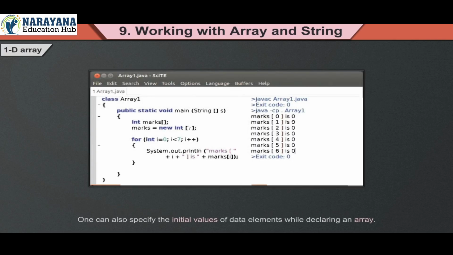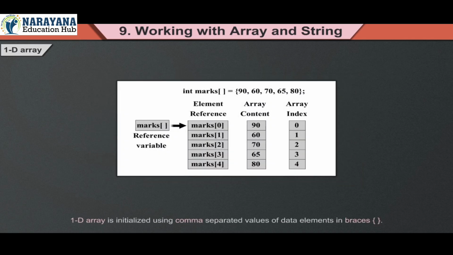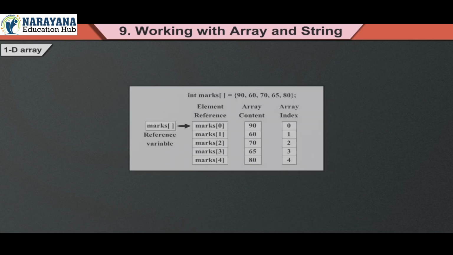One can also specify the initial values of data elements while declaring an array. A 1D array is initialized using comma separated values of data elements in braces.